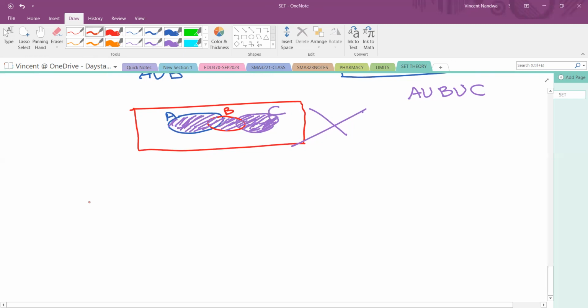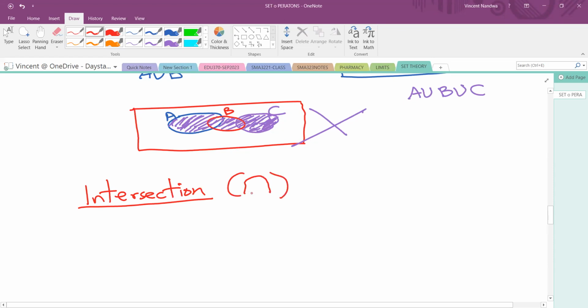Another operation is what we call intersection. For intersection, we use this sign. Let A and B be two sets.